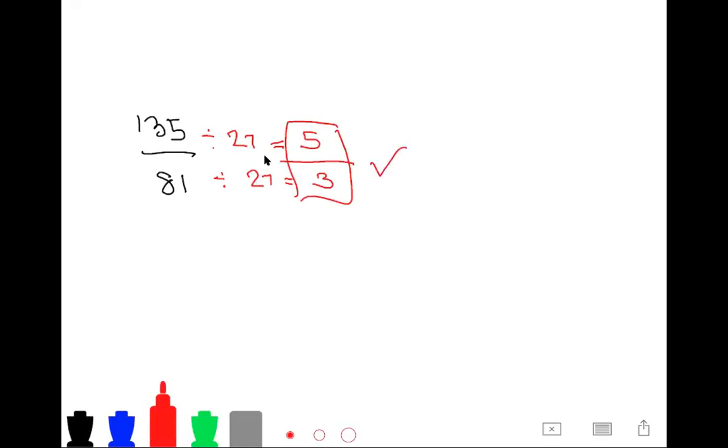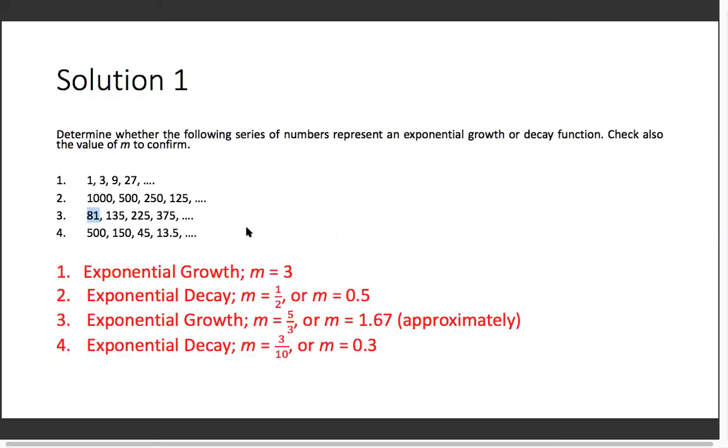Now remember, do not forget to check whether this is really the multiplier. You can check this by dividing the third term by the second term. Let's go back to that. Okay, so what about 225 divided by 135?